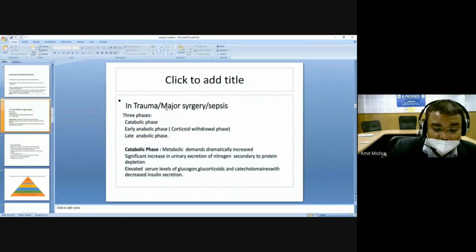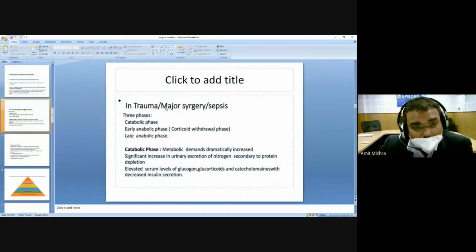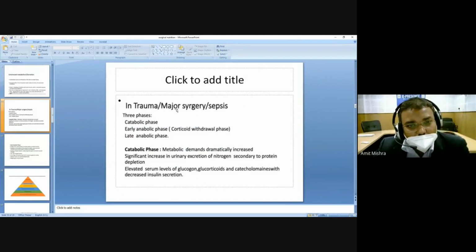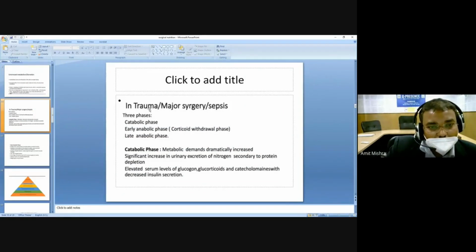One important thing: in trauma and major catabolic states like major surgeries and sepsis, whether generalized or localized, the pathophysiological response progresses into three phases.